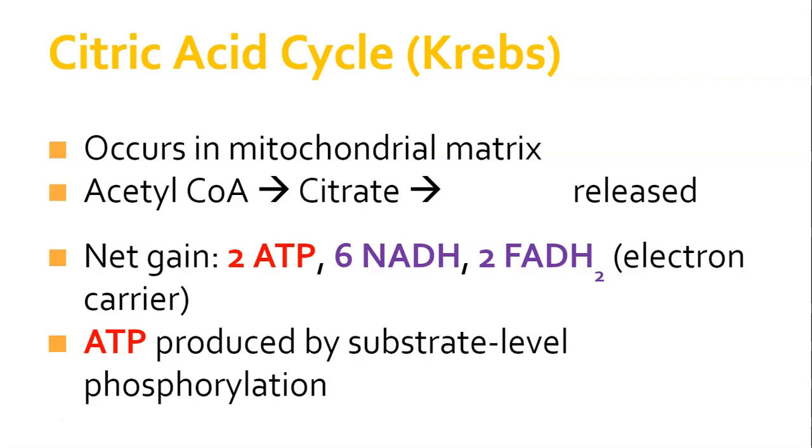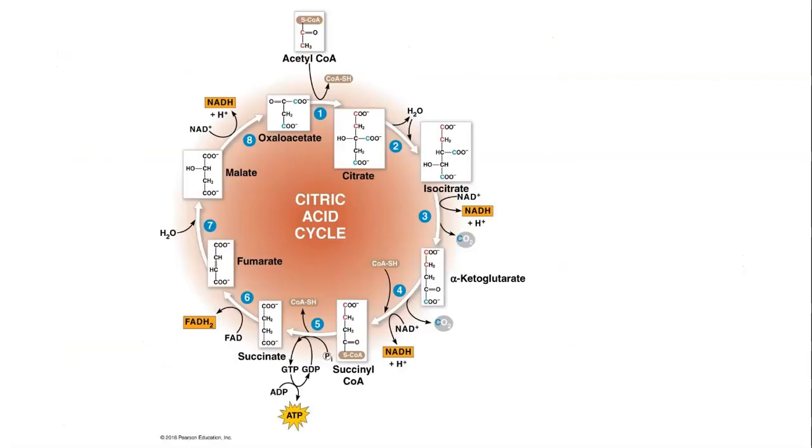In this process of the Krebs cycle, you get a couple of things. You gain a couple more ATP, you gain some more NADH, some FADH2, which is a second type of electron carrier, and note that the ATP produced here, similar to glycolysis, is made via substrate-level phosphorylation. Here's what it looks like.